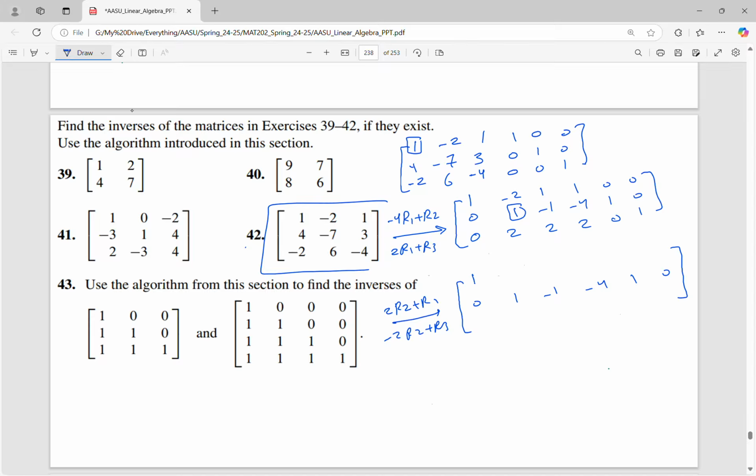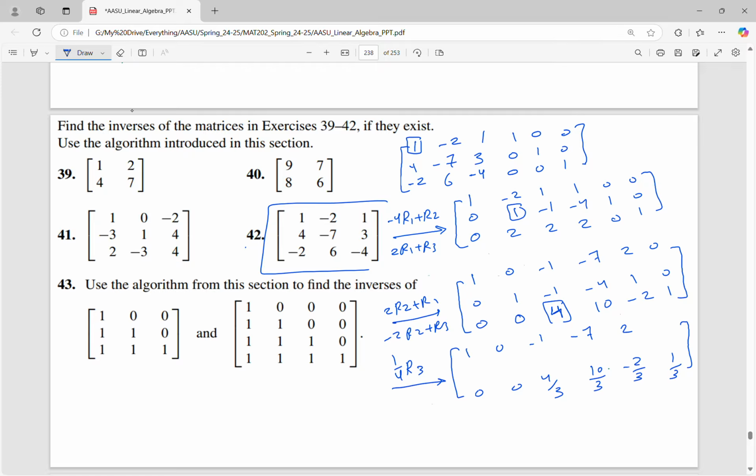So this is 1, this is 0, minus 1, minus 7, 2, 0, and minus 2, this is 0, this is 0, this is 4, this is 10, this is minus 2, this is 1, and after that I want this to be 1 quarter R3.